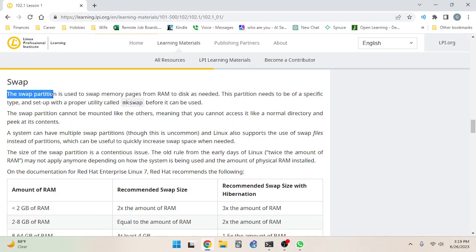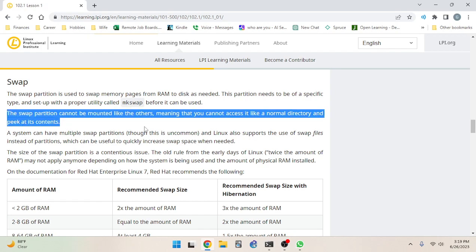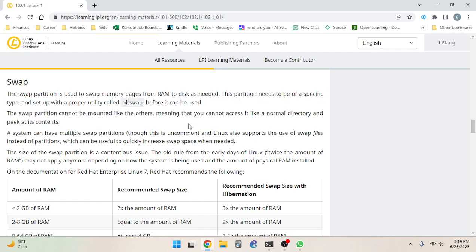The swap partition is used to swap memory pages from RAM to disk as needed. This partition needs to be of a specific type and set up with a proper utility called mkswap before it can be used. The swap partition cannot be mounted like the others, meaning that you cannot access it like a normal directory and peek at its contents.